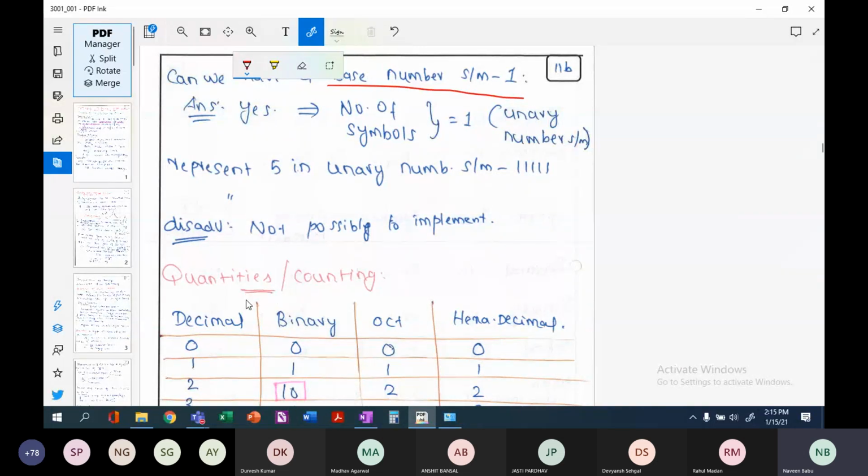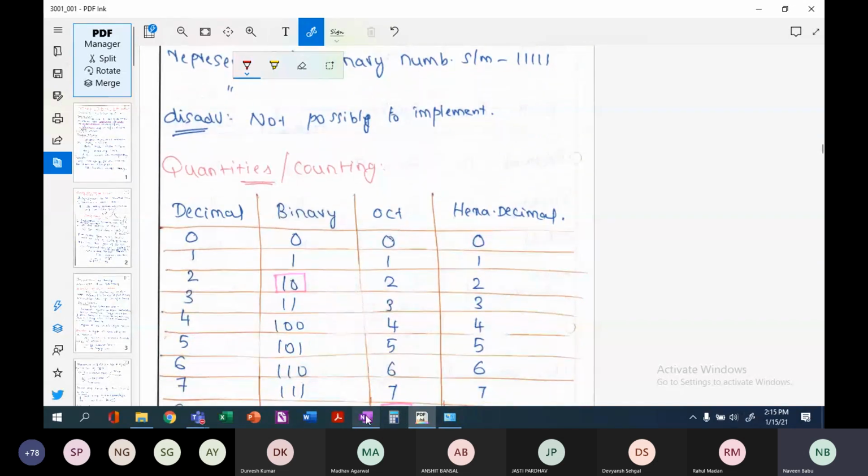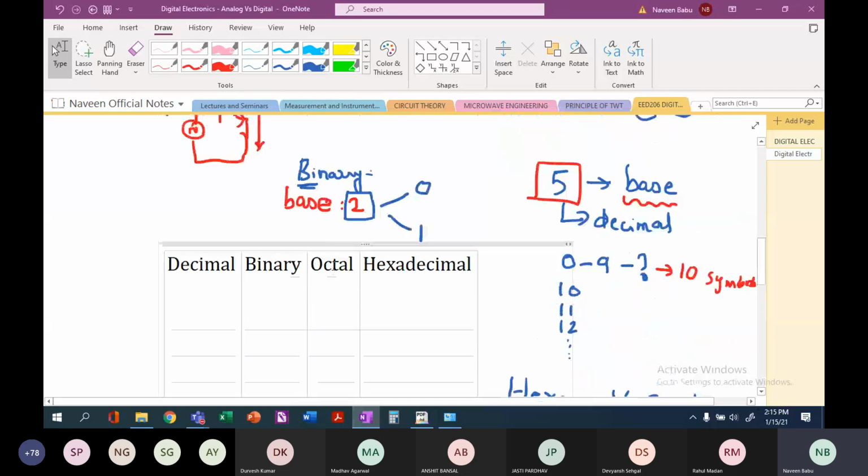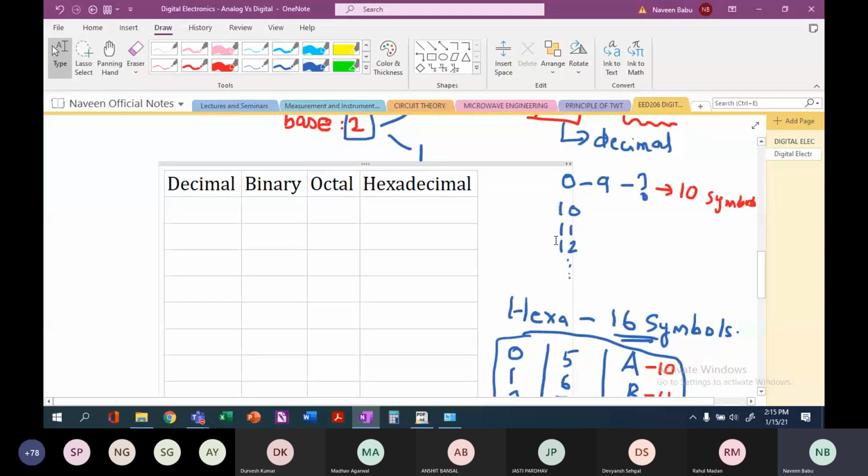Now let us count the different decimal numbers. Though I have written it here, it is always better that I write it one more time for you. What are the decimal numbers that are possible?